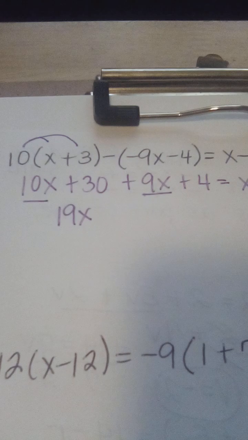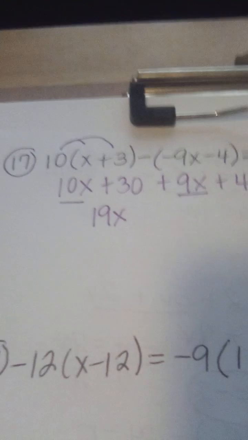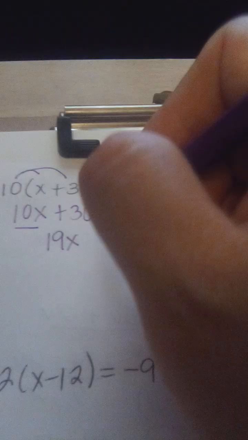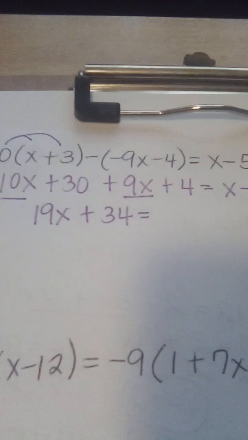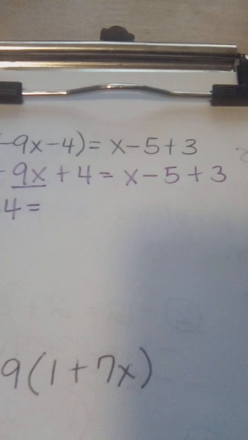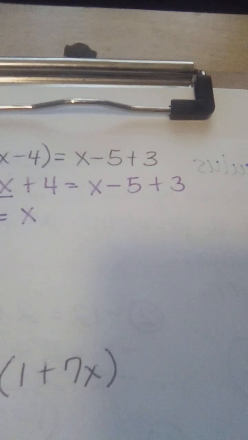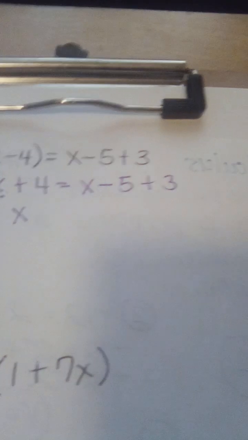We have 30 plus 4, it gives us 34 on the left side. On the right side, we have x, because we leave that alone. We have negative 5 plus 3 that gives us, I believe, a negative 2.